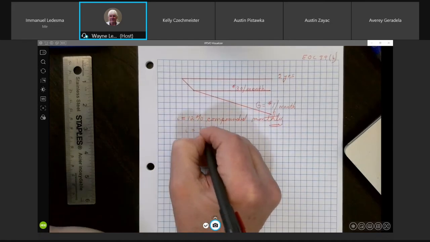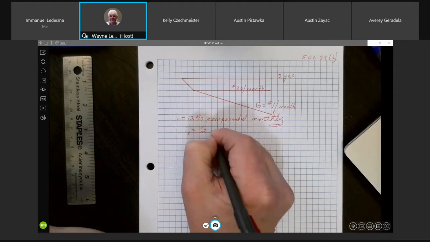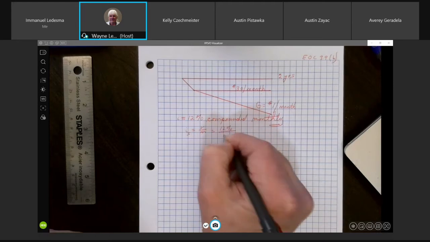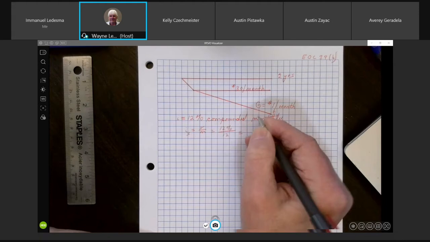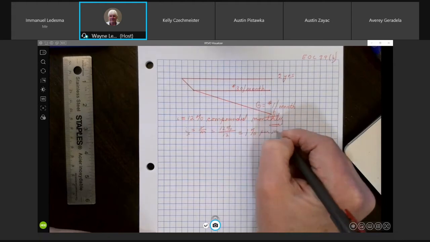I will be equal to R over M. This will be I_S, a subperiod. It's equal to 12% over 12, because there's 12 months in the year. And that will be 1% per month.